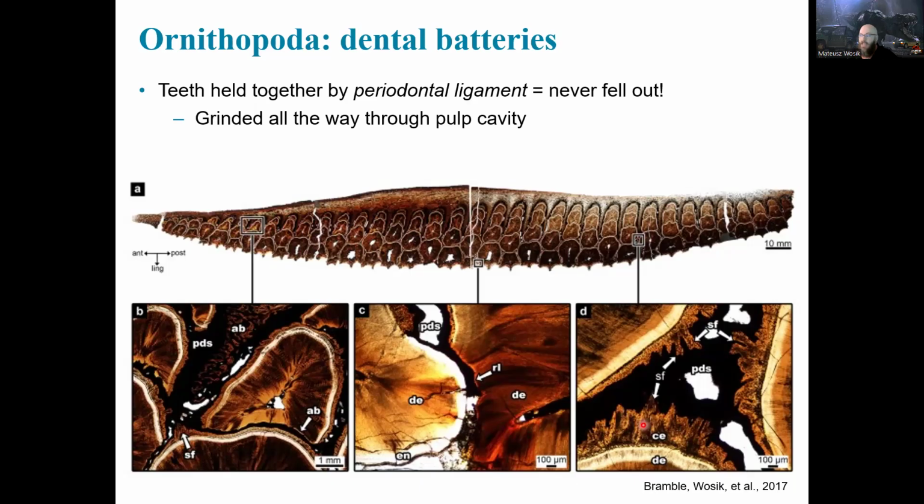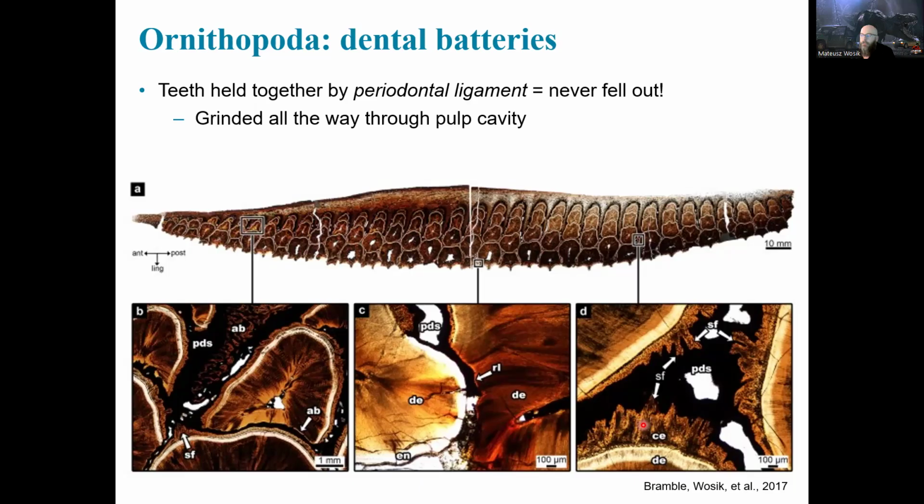Same thing with other animals that have to grind their foods as well, like these herbivores, these animals that eat plants. Because they had so many teeth, they had these attached by periodontal ligaments. So when they were grinding this food material down, they weren't cracking their teeth.